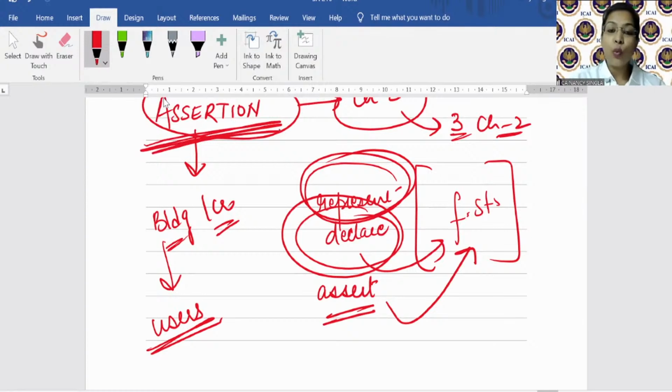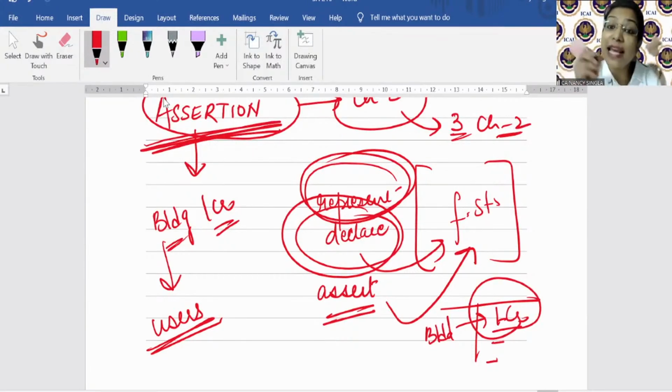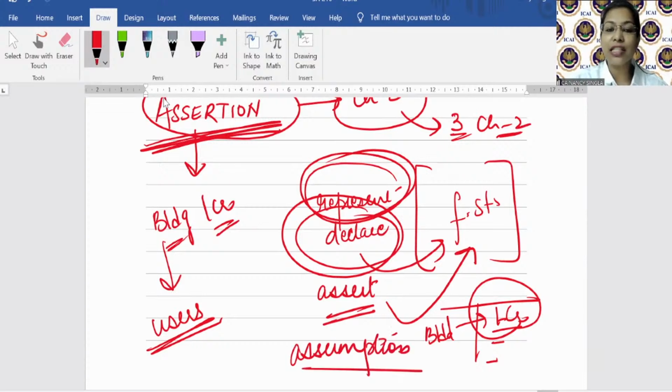Assertion. So whatever information is given in the financial statements, देखो बिल्डिंग अगर 1 crore की है, इससे क्या assume करोगे आप कि बिल्डिंग जो ये 1 crore की है, it actually exists, it is owned by the company. The historical value, after considering depreciation, is 1 crore. So these all are the assumptions now. तभी तो management has mentioned it as building in the balance sheet.